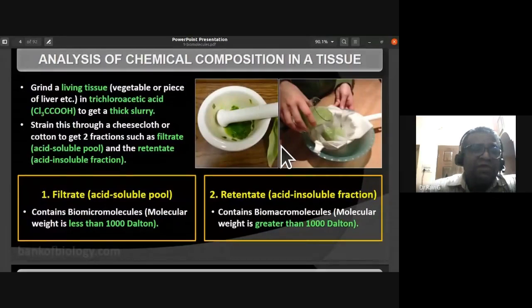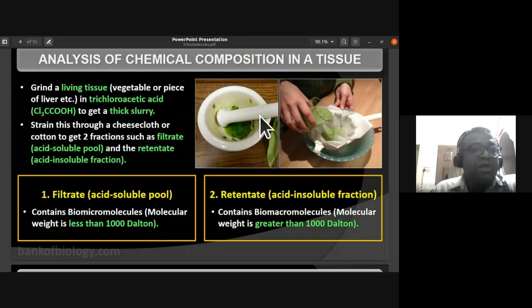Now, whenever we are making an analysis of chemical composition in a tissue, we are able to obtain micromolecules as well as macromolecules. So how do we make the analysis of chemical composition in a tissue? For this, we are grinding a living tissue, which might be a vegetable or a piece of liver, in trichloroacetic acid to get a thick slurry.